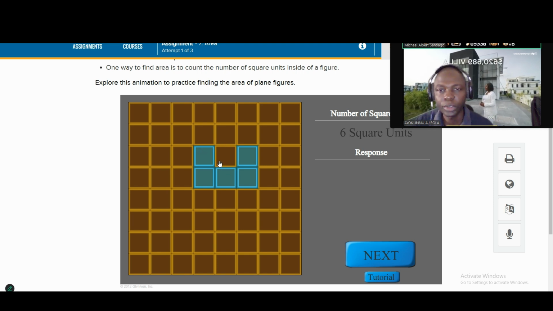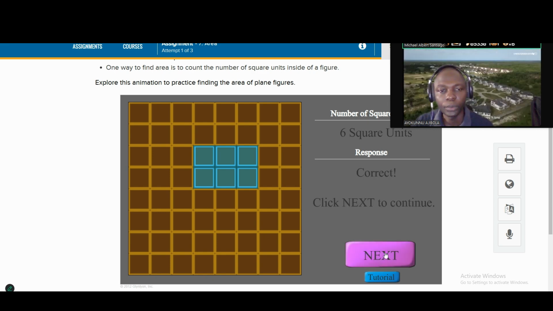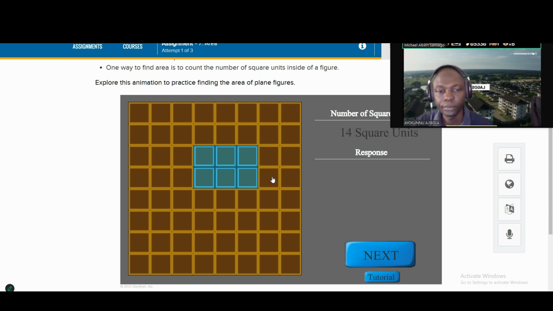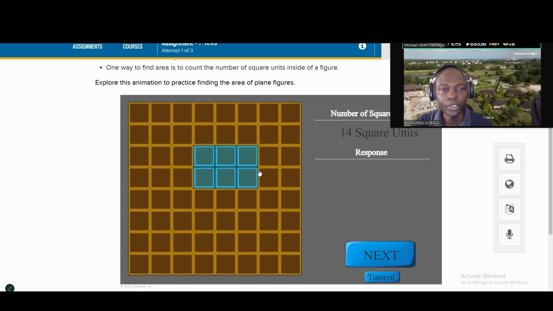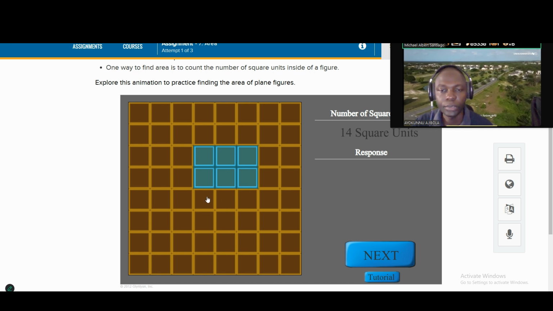So it says you should, yeah, this is it. Then, since we've done that, it's correct. So go to the next one. 14 square units. So that is 6. Then I need 8 more.